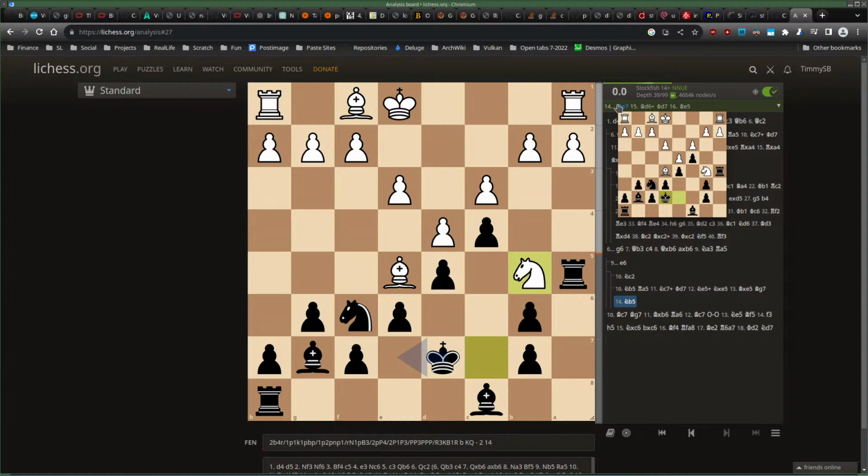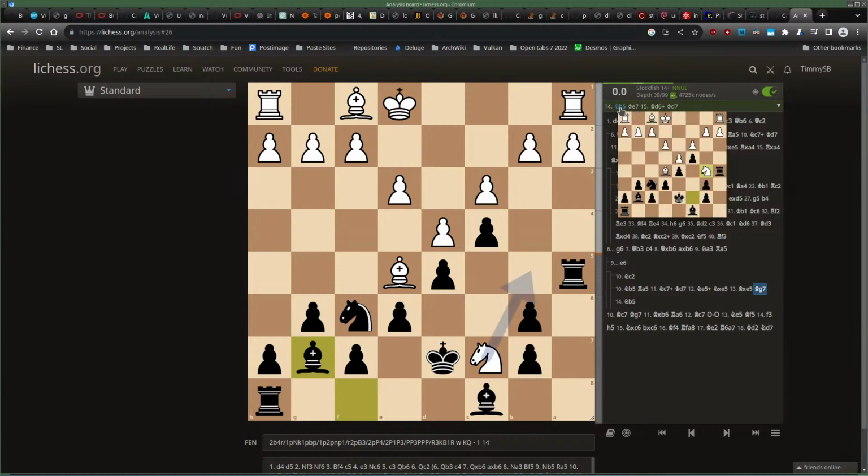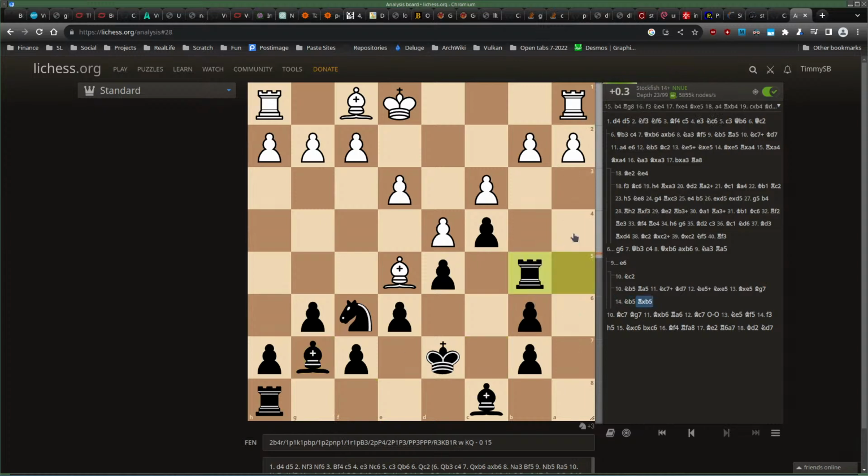And then it gave away the knight. Well, seemingly. Why is it giving away the knight? So no idea what is wrong here. Okay, just take it. Thank you.